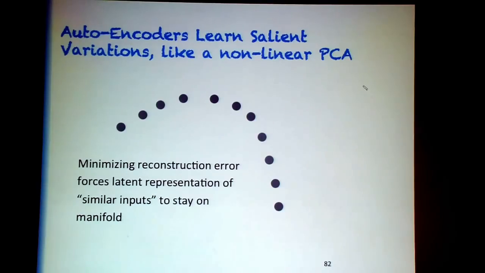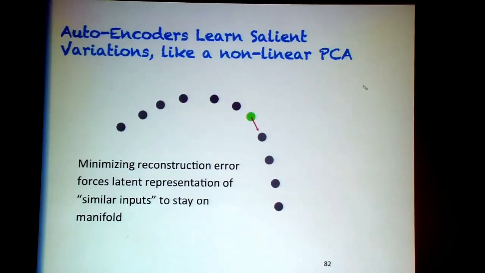And why do they capture nonlinear manifolds? Well, let's say we have a training example here, and we want to minimize reconstruction error. For this to happen, we need to find an encoder, in other words, a representation for this that will make the representation for that one different from the representation of its neighbor.